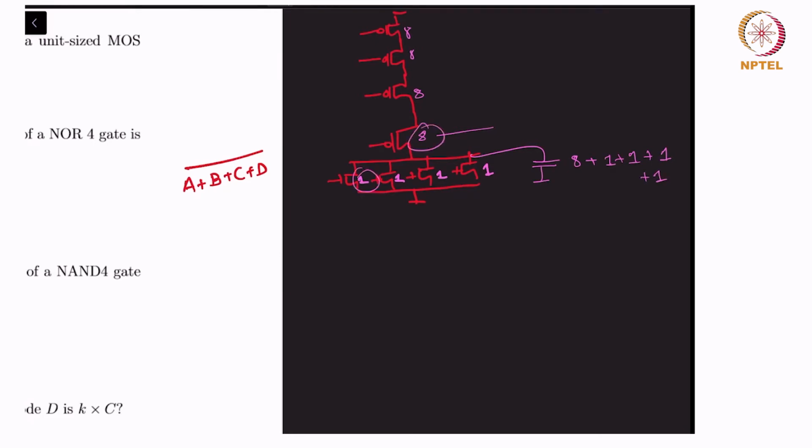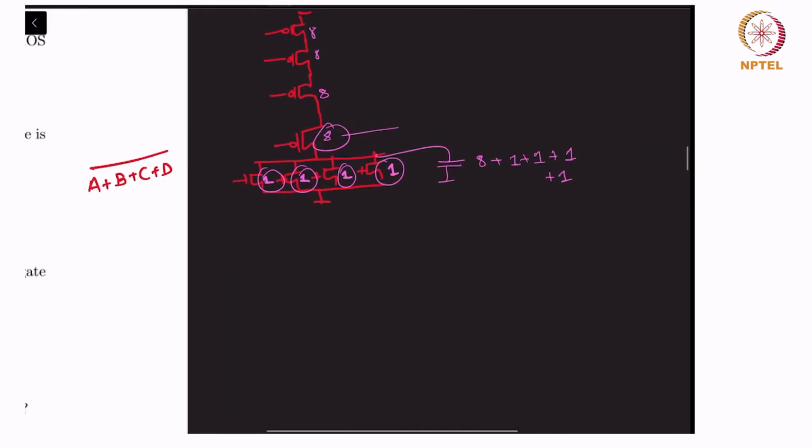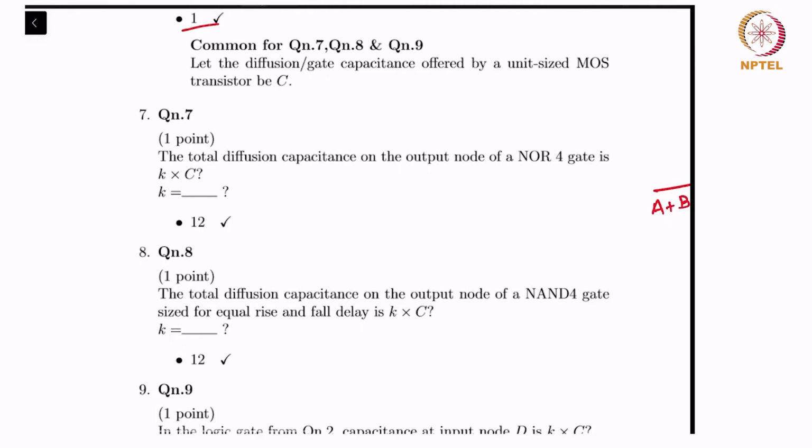This guy, this guy, this guy, this guy, and this guy would contribute to the parasitic cap on that node. So this is 8 plus 4, which is 12. And that's the answer.